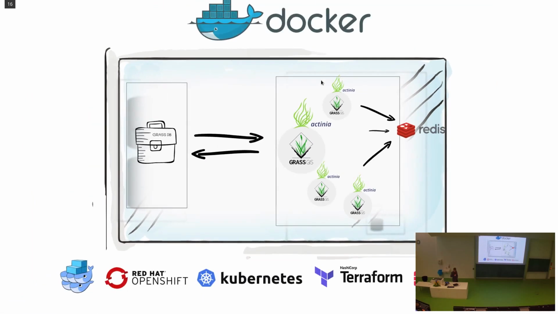What we use as a technology is Docker here, and we have already been deploying it on OpenShift infrastructures in a rather large way in Kubernetes, and we also use Terraform. Terraform is a software which lets you order new machines and set them up.